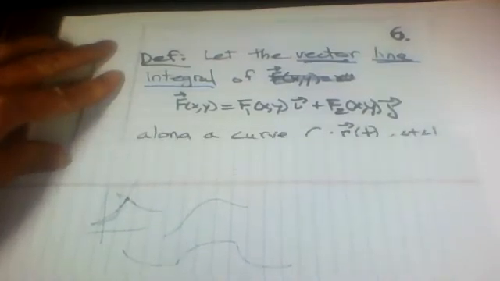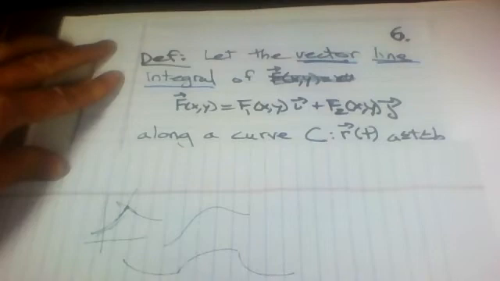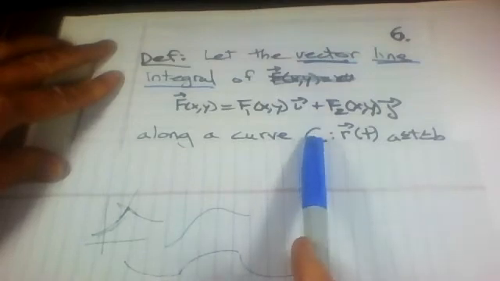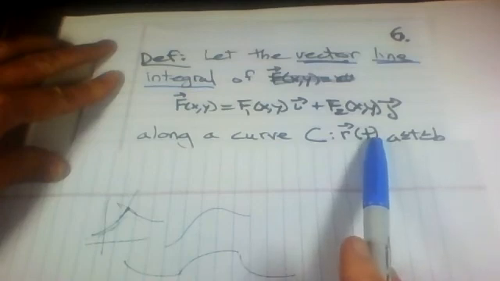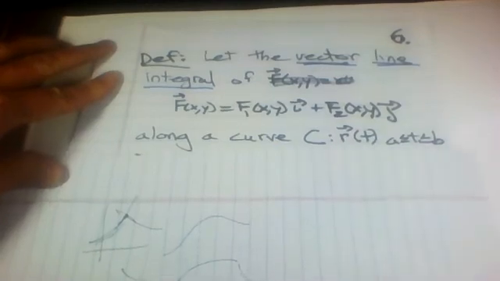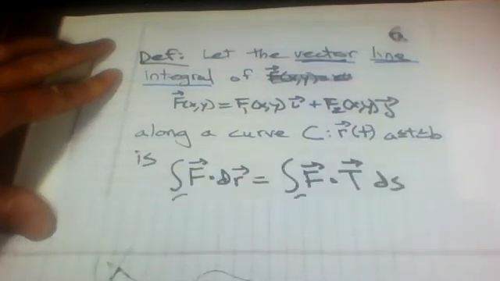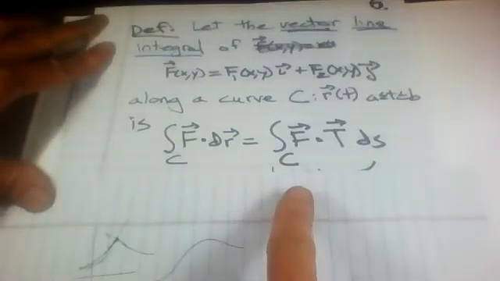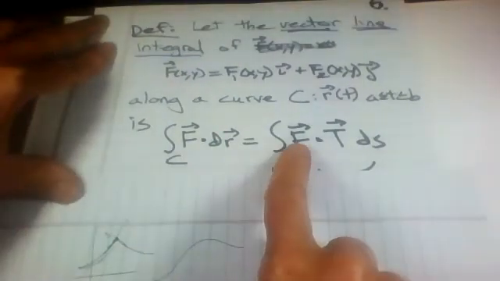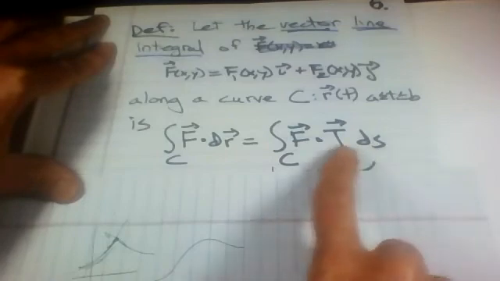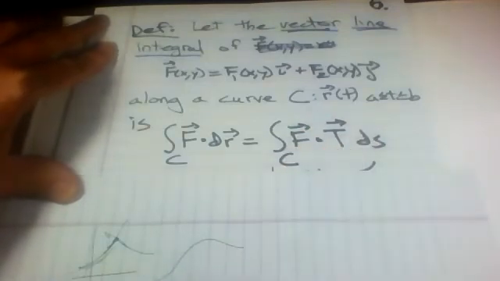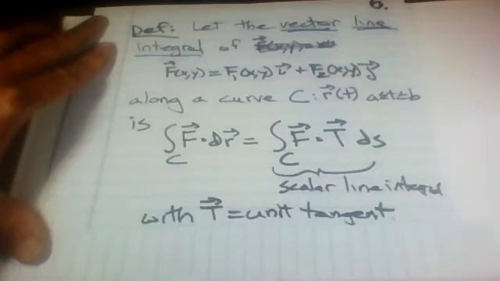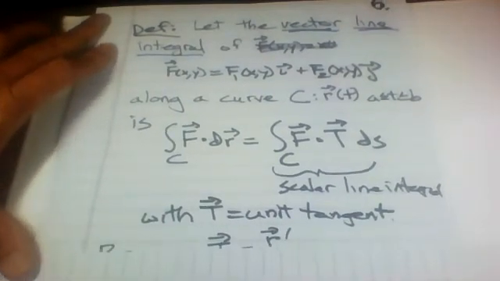But if you have a vector field, and you consider integrating along a curve C, given parametrically by some vector valued function r of t, t going from a to b, we're going to define it to be just the scalar line integral of f dot T ds, where T is the unit tangent vector to the curve.